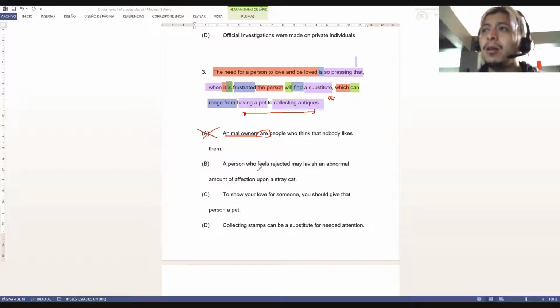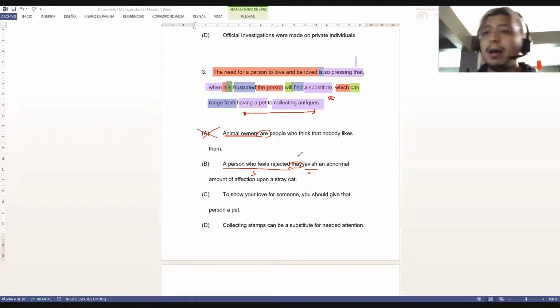B, a person who feels rejected may lavish an abnormal amount of affection upon a stray cat. What is lavish an abnormal amount of affection upon a stray cat? Okay, the person who feels rejected, this is the subject, may, probably, this is the modal verb, lavish, this is the verb.